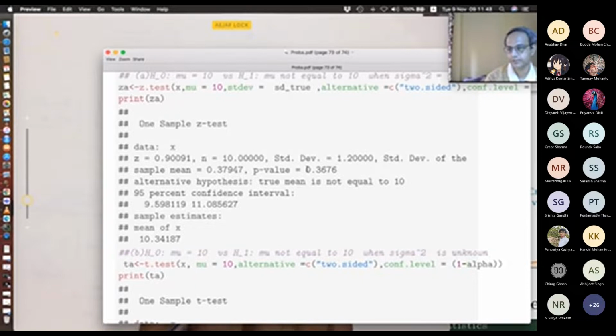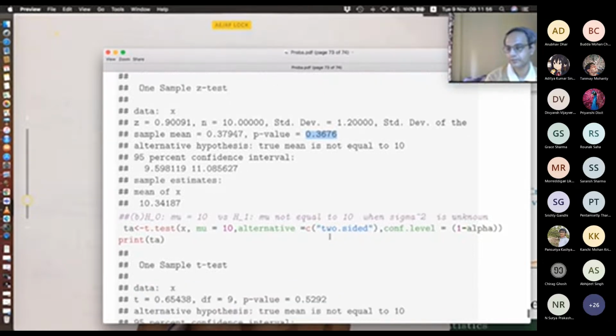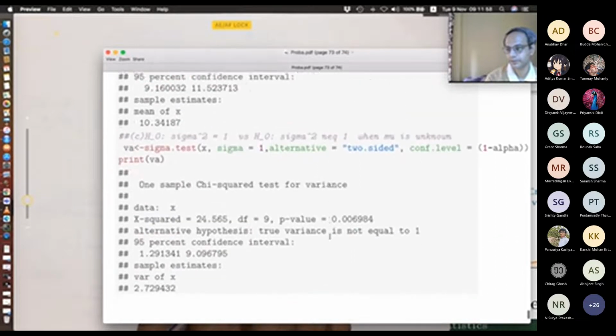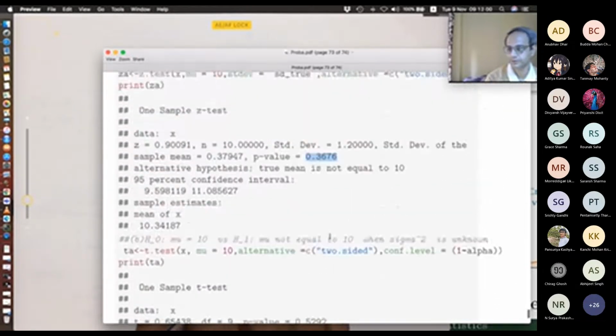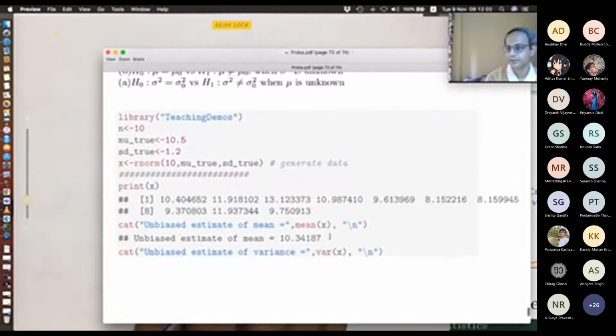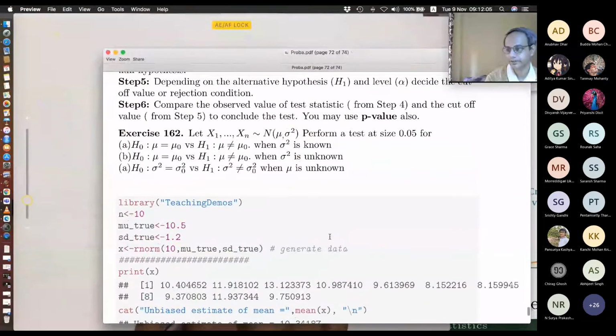Later on I will talk about the p-value and the confidence interval construction we have seen. So now let us go for two sample test, or sorry, one sample also can be done when sigma unknown. So let us go step by step. So maybe this case B.